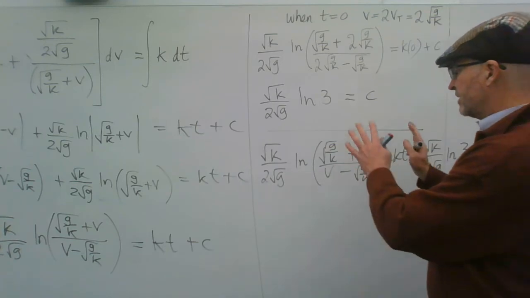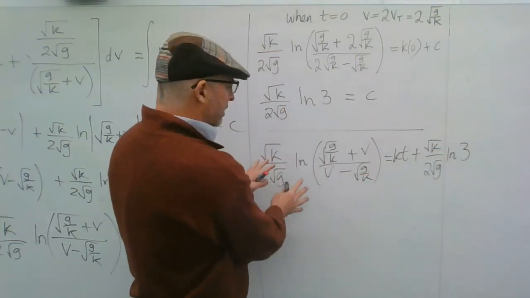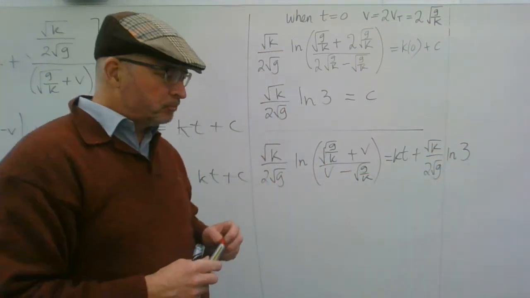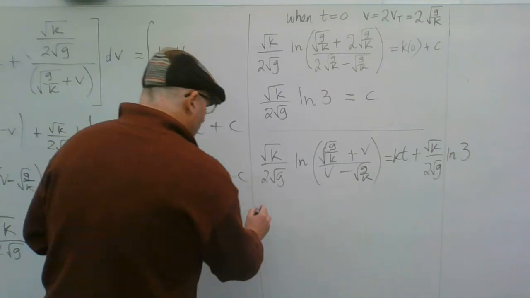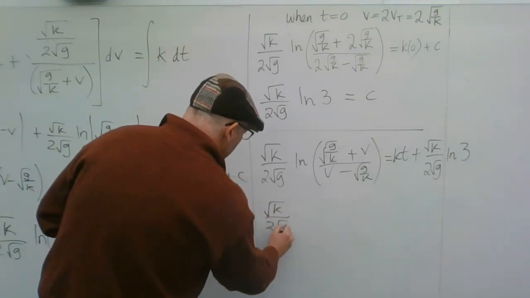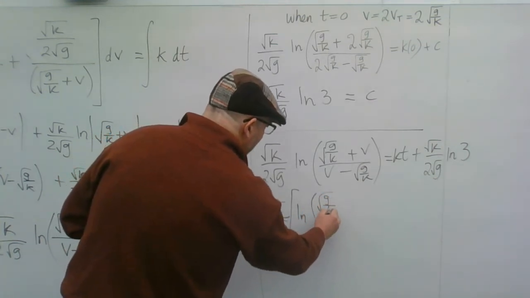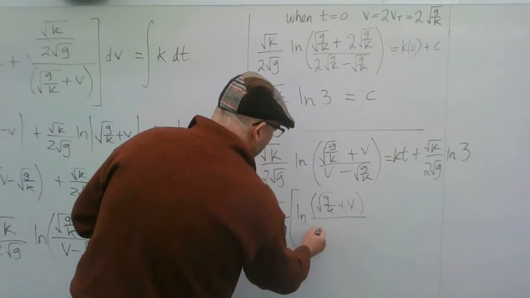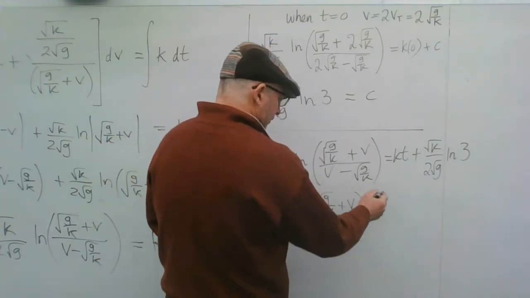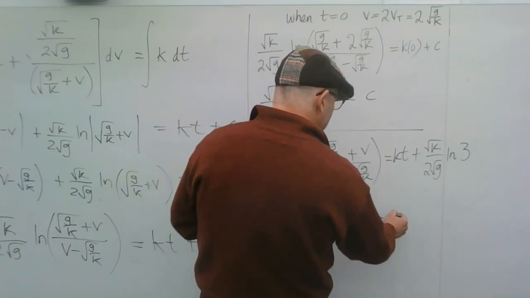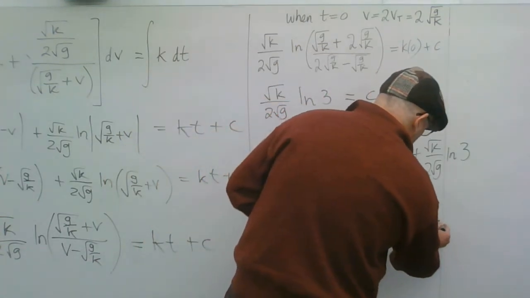And when we subtract logarithms, because they're going to have the same coefficient, if you subtract logarithms, then you are actually dividing. So we've got root k on 2 root g, and we've got our ln root g on k plus v on v minus root g on k. And what we're going to do is subtract off this other ln 3. So we'll have to do a division in the next round, and that's kt.